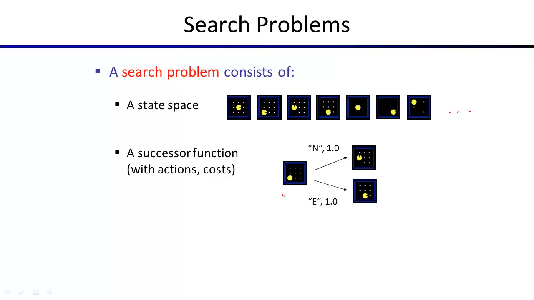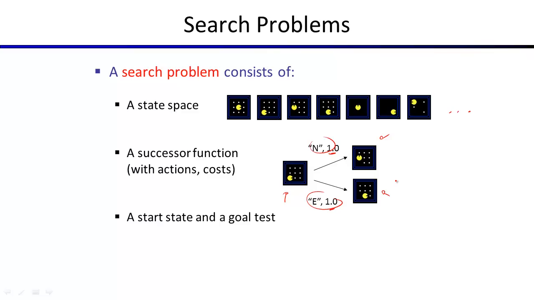If we were in this particular state over here, we have 2 actions available to ourselves, going north or going east. The successor function encodes that these are the 2 available actions. It encodes the cost for each of these actions. Taking an action makes 1 time step pass, so it's a cost of 1. And then it also encodes the respective next states that you would land in after taking that action.